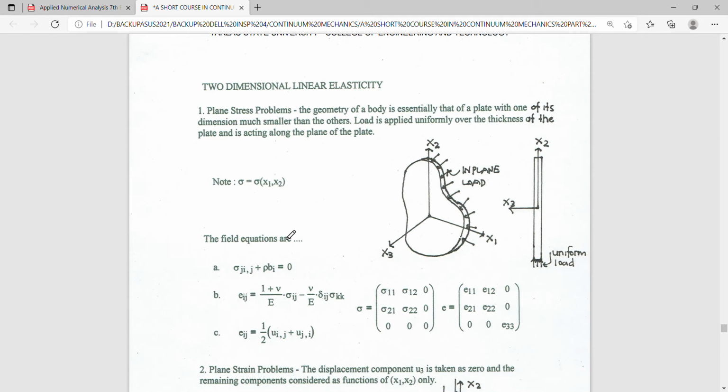So, we have actually two types of problems that we might encounter when we refer to two-dimensional linear elasticity. One is the plane stress problem, and the other one is the plane strain problem.